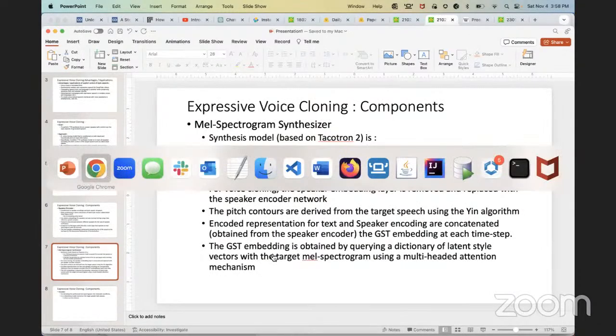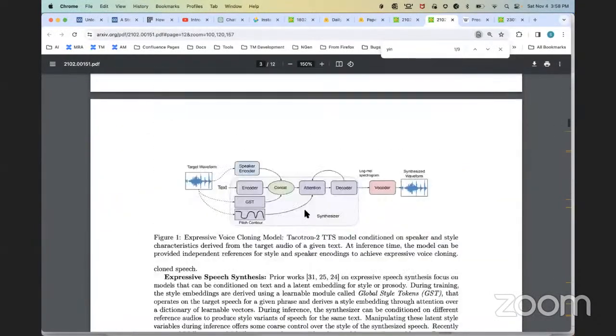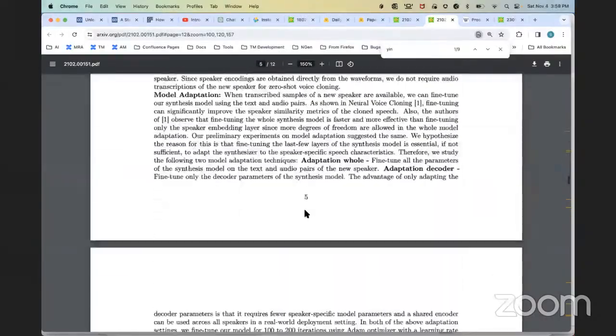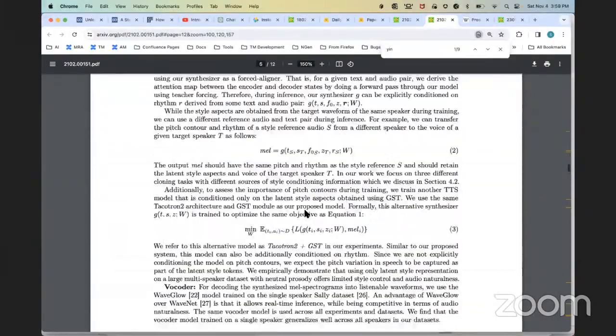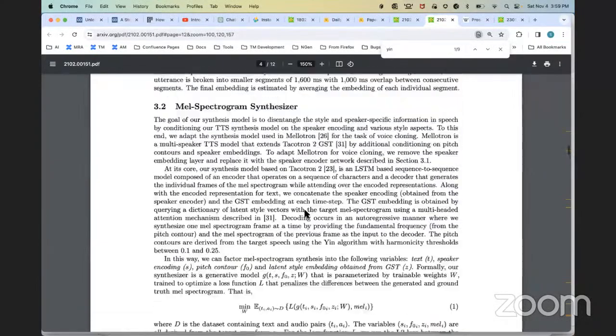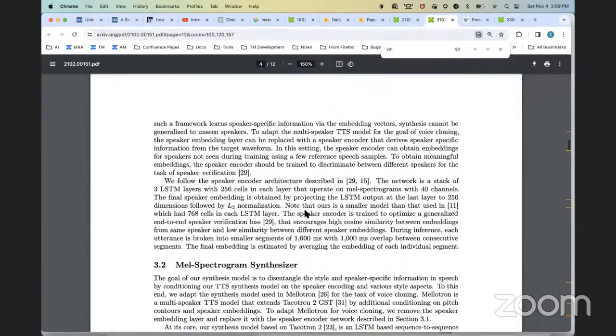The other aspects, these guys further go into details here. This is where we kind of ran out of time.